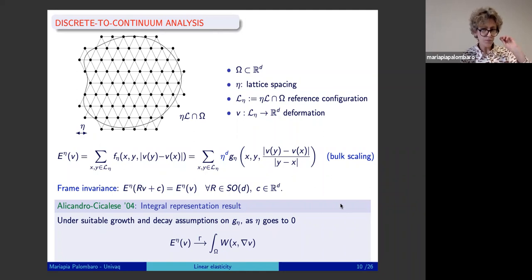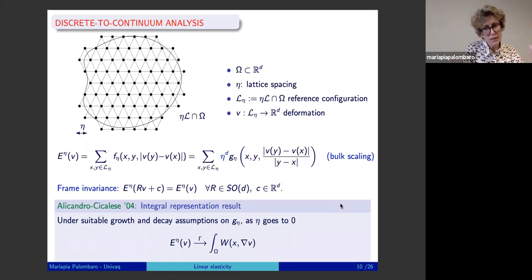However, this cannot be done in the case of two or more wells. In the case of one well, this is possible, but in the presence of two or more wells, what happens in the passage from the discrete to the continuum is that one can mix gradients lying in different wells at a negligible cost.